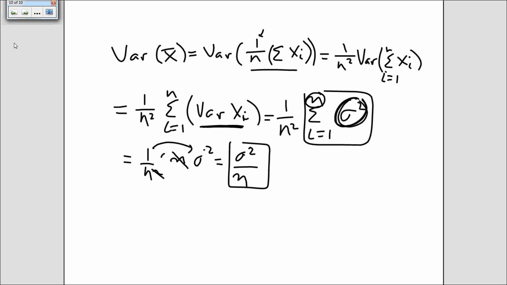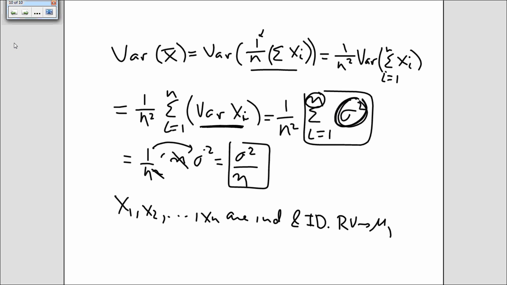So, somebody tells you that x1 through xn are independent and identically distributed random variables with expected value mu and variance sigma squared.